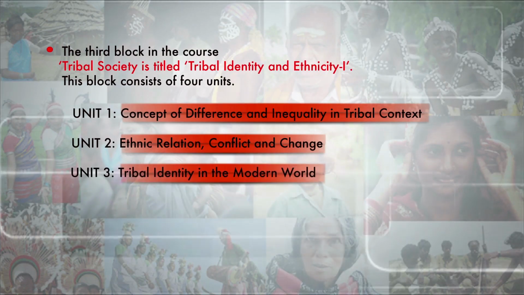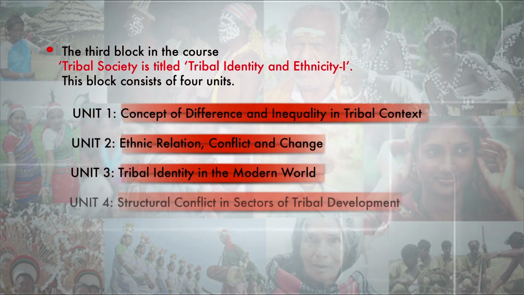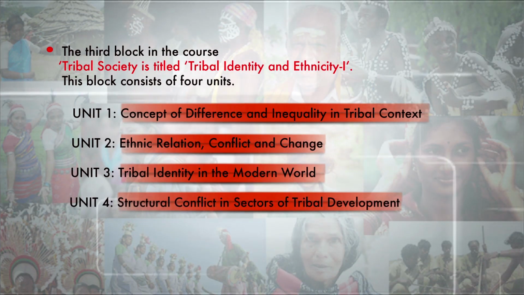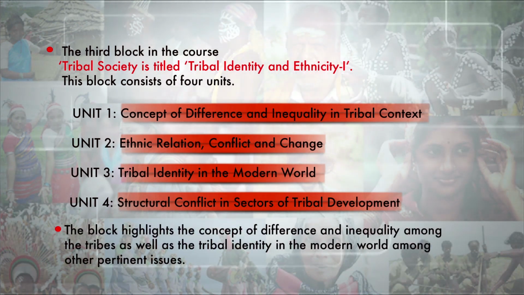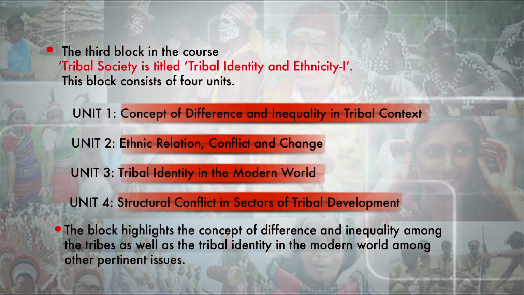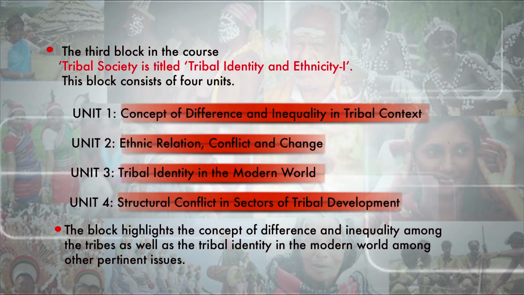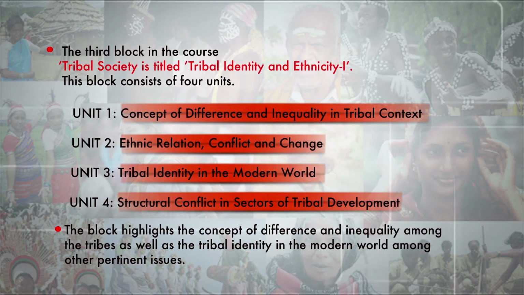Unit 3 is titled Tribal Identity in the Modern World. Unit 4 is titled Structural Conflict in Sectors of Tribal Development. The block highlights the concept of difference and inequality among the tribes as well as the tribal identity in the modern world, among other pertinent issues.